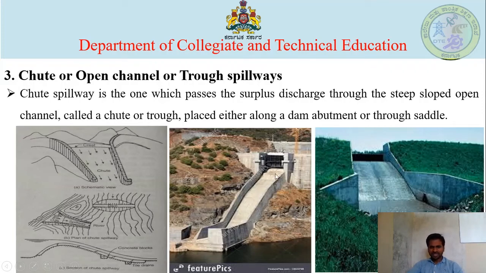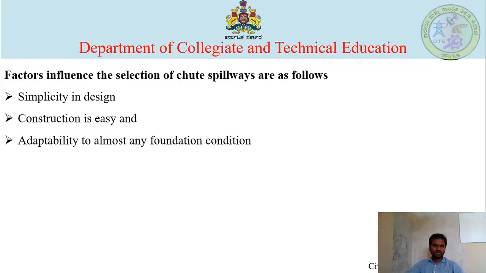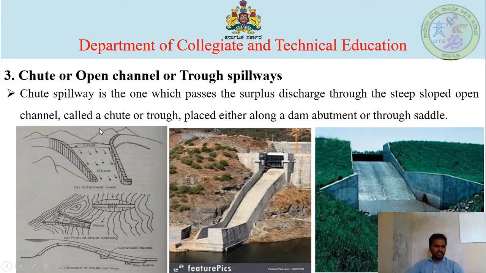This is the real picture of the chute spillway or open channel spillway. This is also a real picture of the open channel spillway. Here, the chute spillway is provided in earthen or rock-filled dams only and is isolated from the main structure. See, this is the main structure. This chute spillway is isolated from the main structure of the dam.